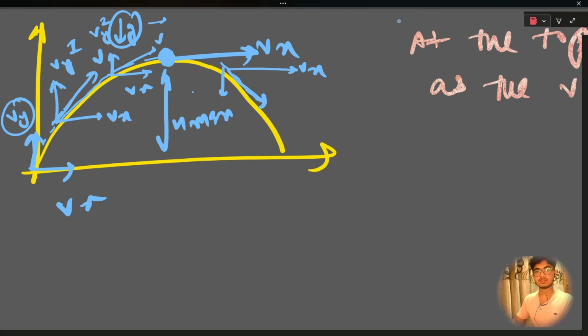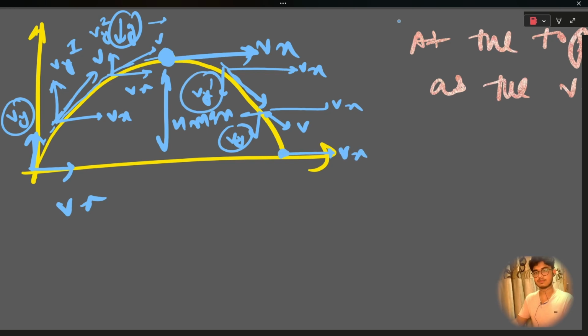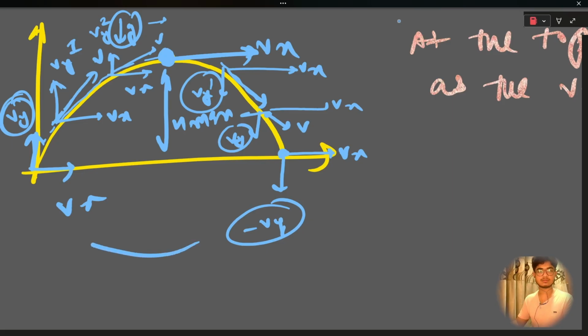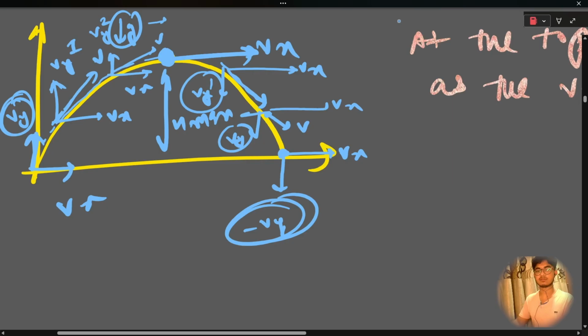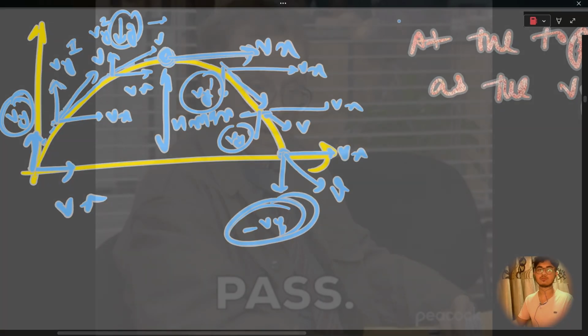Vx is the same, Vy is present, suppose Vy1, again the Vx is the same, the velocity is like this, the Vy is greater than this Vy, and at the end Vx is there, this is minus Vy, the initial one. Like the initial one was this one, so the minus of the initial one. That's it. This is projectile motion.